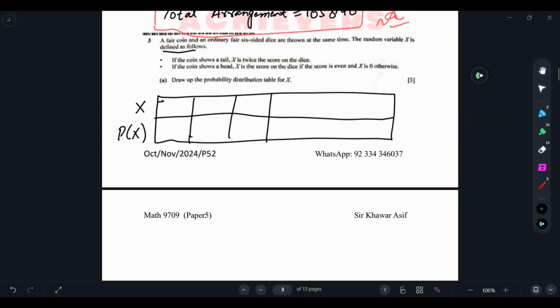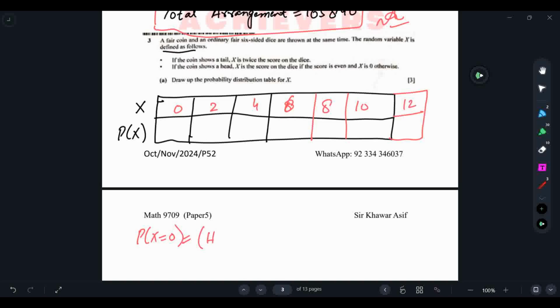Now let's say we can have 0, 2, 4, 6, 8, 10, and then we can have 12. Now one by one we can easily find out the probability of x. When x is equal to 0, the probability will be head and odd.